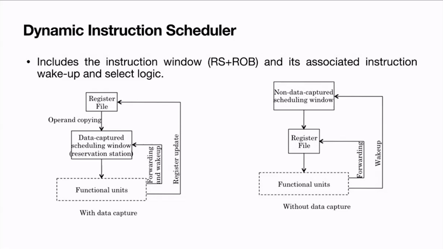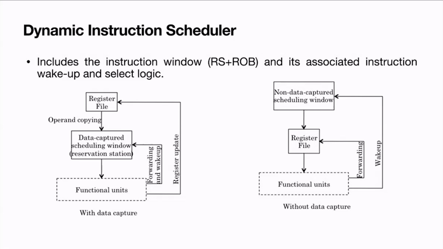Either you want an area efficient design at the cost of extra latency, then go for without data capture. But if you don't want the penalty in terms of performance, then you have to go for an increased area for the reservation station, so that register file access is completely eliminated from the critical path.